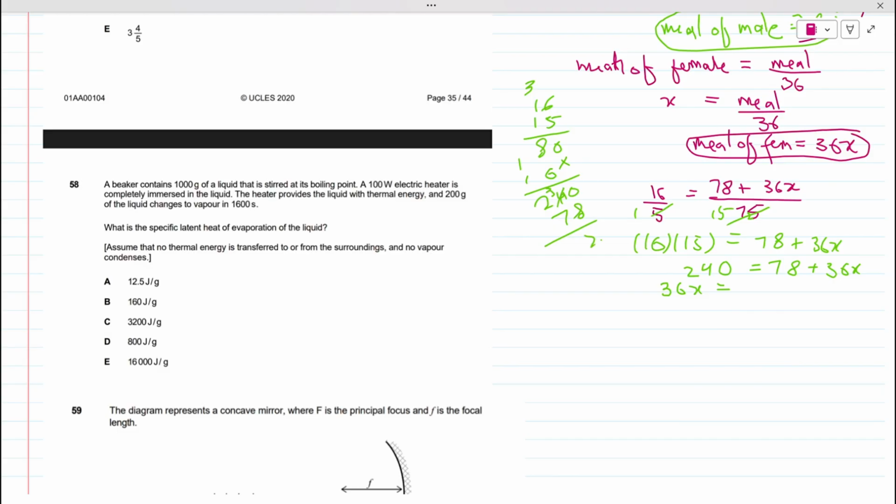And 23 minus 8, 3 fours are 12, 162. So 162, we are just supposed to find the x value. So 162 by 36. Now we just have to simplify it, right?